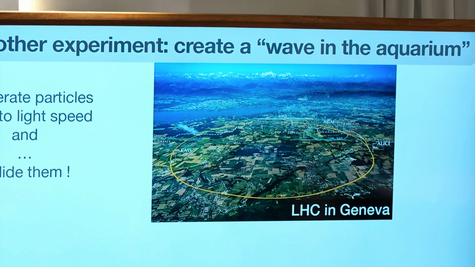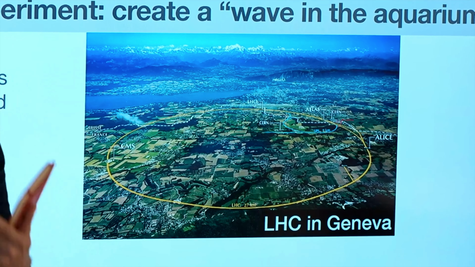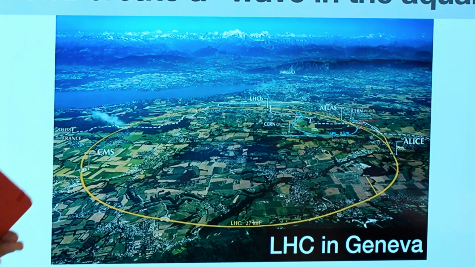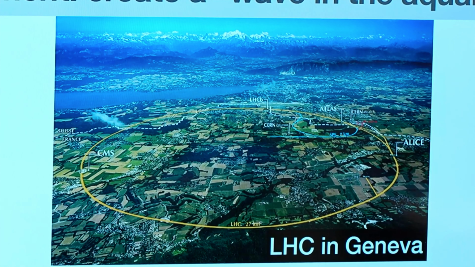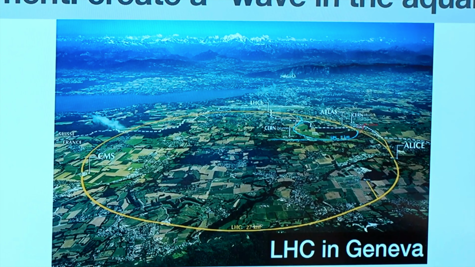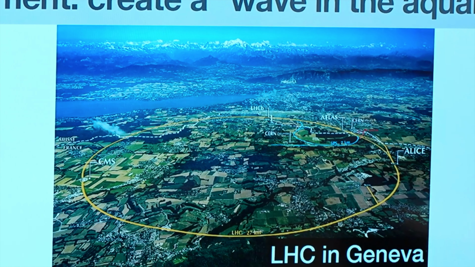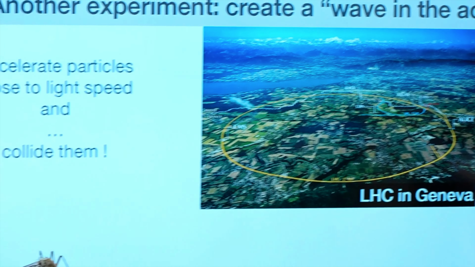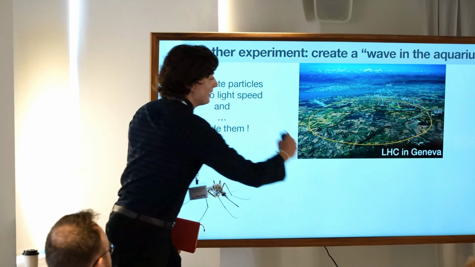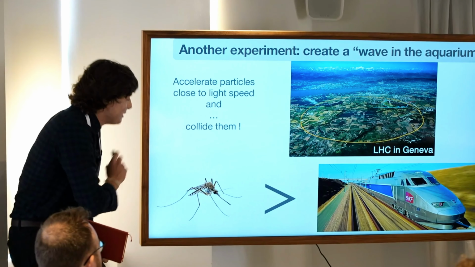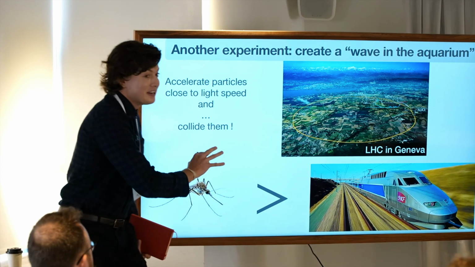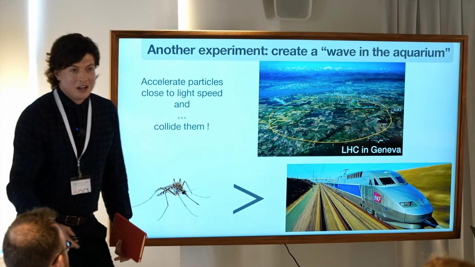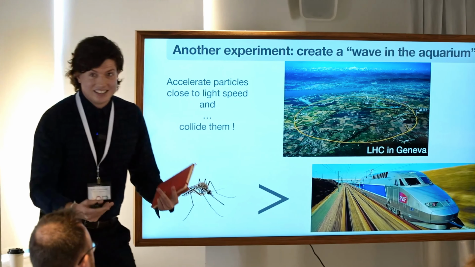In this ring, they accelerate particles close to the speed of light, and then they make them collide. Just to give you an idea of the power of that machine, if you take a mosquito and you accelerate it to the same speed as a particle in this ring, this tiny mosquito would have more energy than the fastest train in the world. So the collision is very energetic.